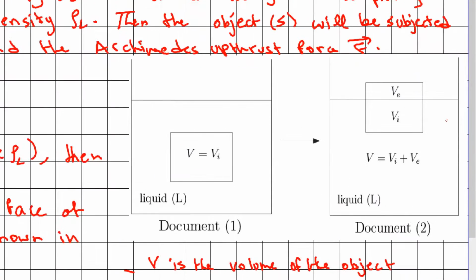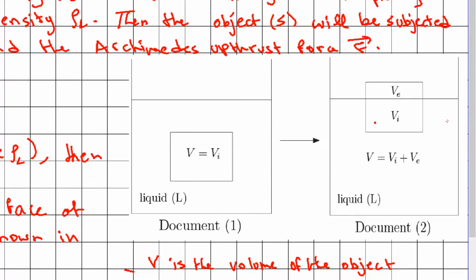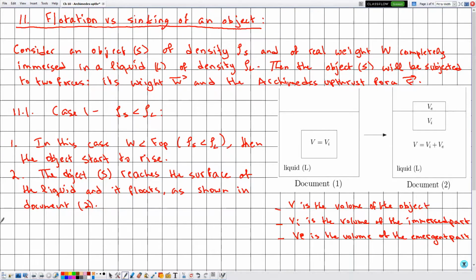So now after the solid S has reached the surface, when we immersed it, it wasn't at equilibrium. When we let go of our hand, the solid S started to move upward to the surface, so it's not at equilibrium. But when it reaches the surface, now we can say that the solid S is at equilibrium. So here let me write idea number 3.